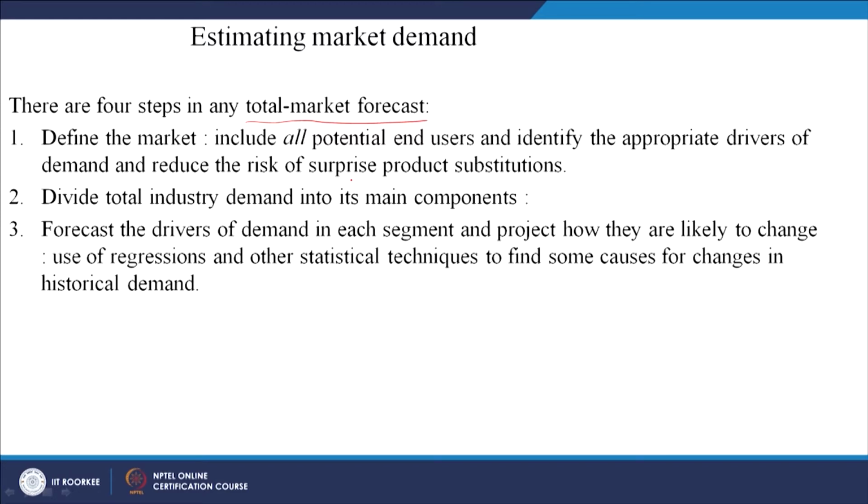When you define the market, suppose somebody is a manufacturer of, let us say, calculators. With time, the demand for calculators went out, because today mobiles have got everything in them.